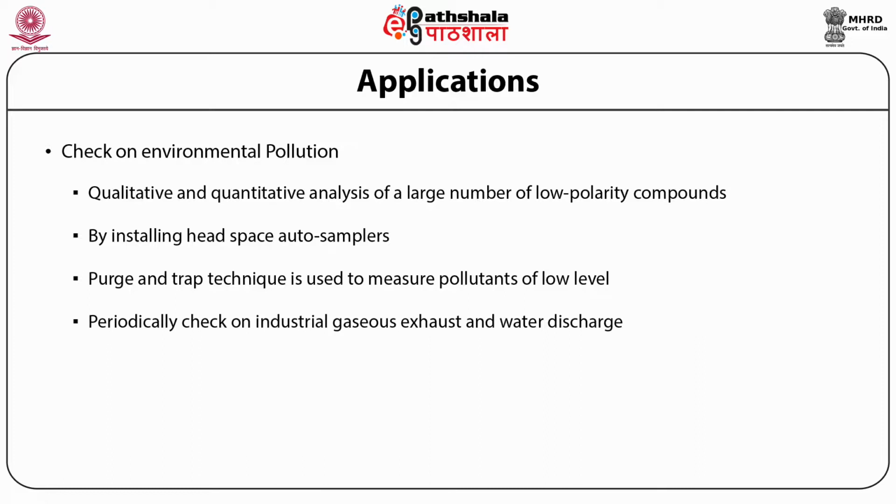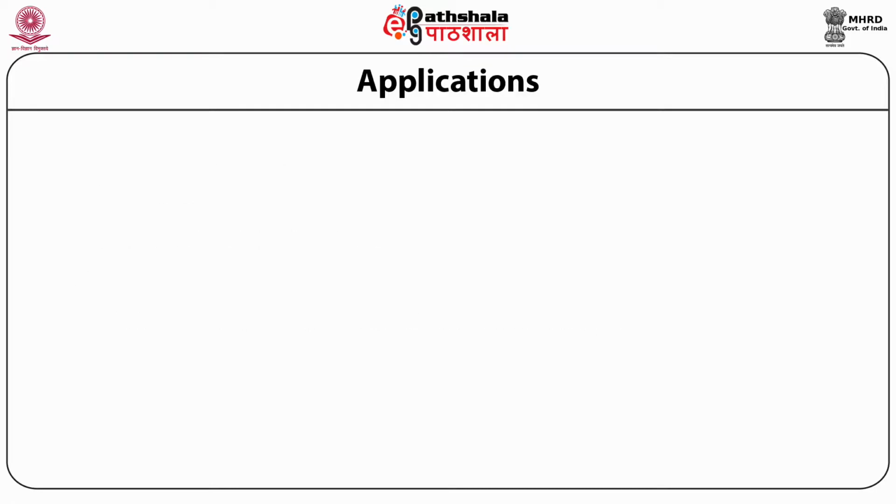Apart from gaseous emissions, the application of gas chromatography in industrial environment protection also includes checking of contaminants in water discharges. Gas chromatography can also be used for separating optical isomers, that is, enantiomers.